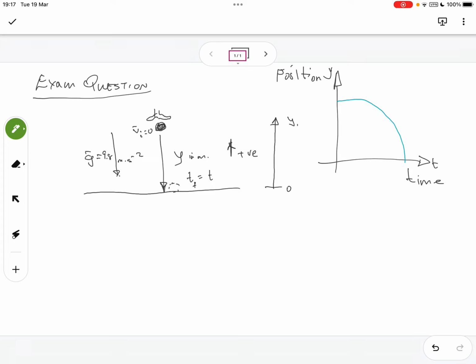Okay, so we know that the position is measured from the ground going up. So from the ground going up, meaning on the ground level, the y is 0.